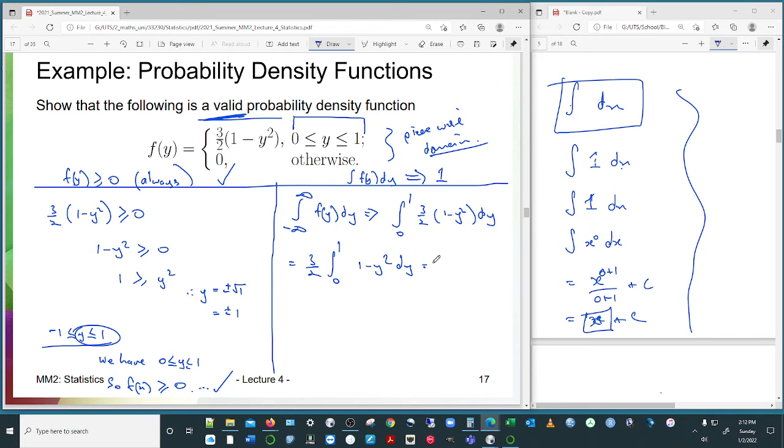Up and under on each will give us y minus y cubed over 3, between 0 and 1 by FTC.